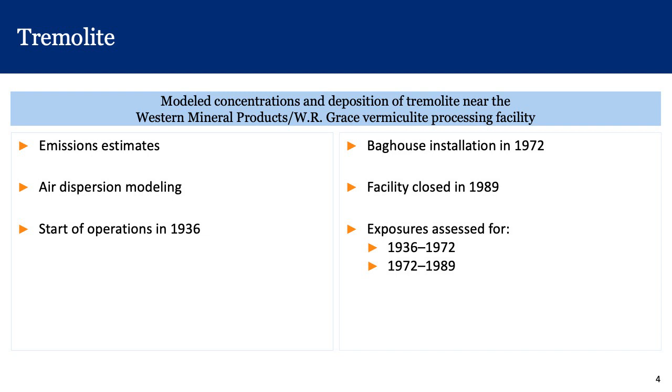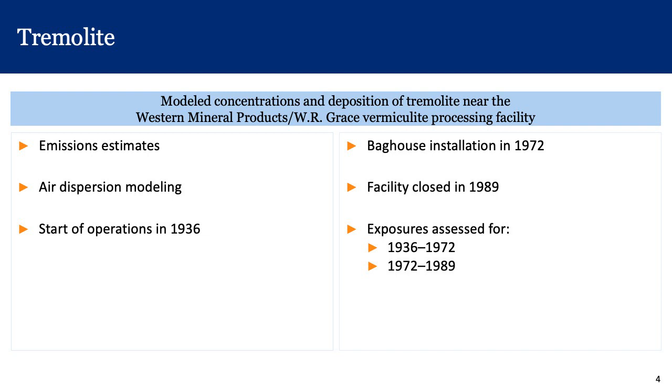And it turns out that while the operation of this vermiculite processing started in 1936, there was really no air pollution control measure in the plant till 1972. And in 1972, a bag house, which is essentially a filter, was installed. And the facility closed in 1979.